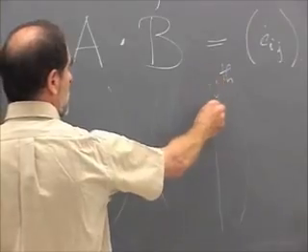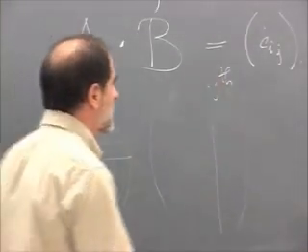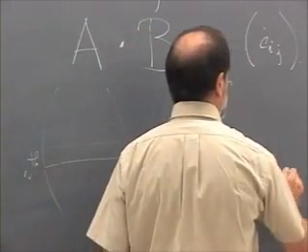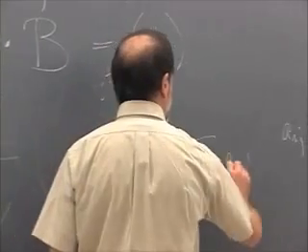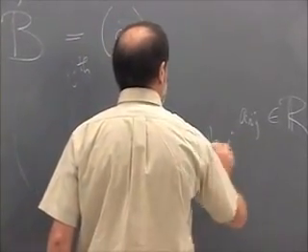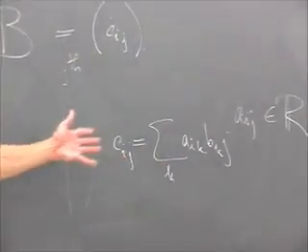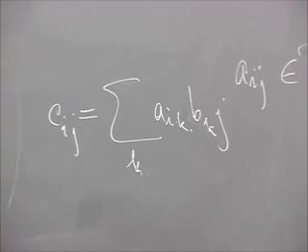Then you multiply this element by this element and add those. You multiply and you add up. So the formula in mathematics, although it's not that useful, is the sum over k of aik times bkj. And you might wonder, what the heck does that mean? But it certainly defines, given two n by n matrices, a third.